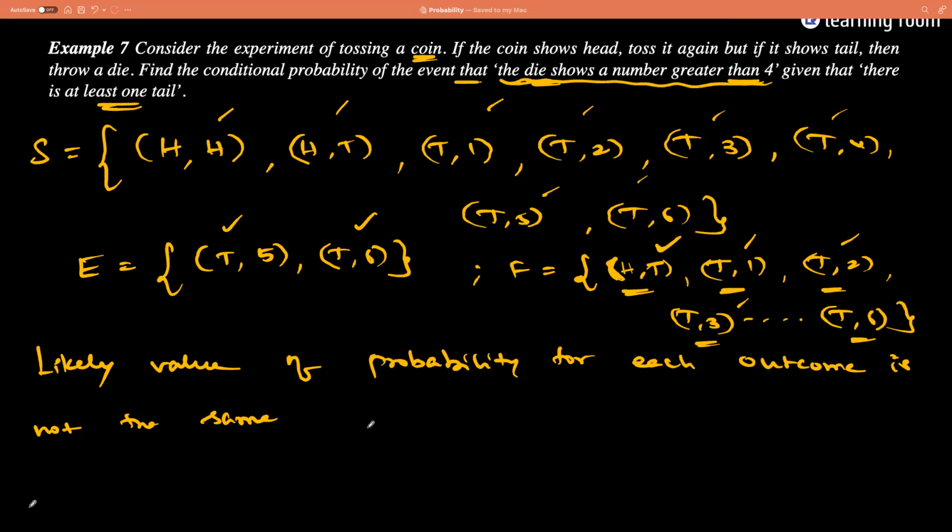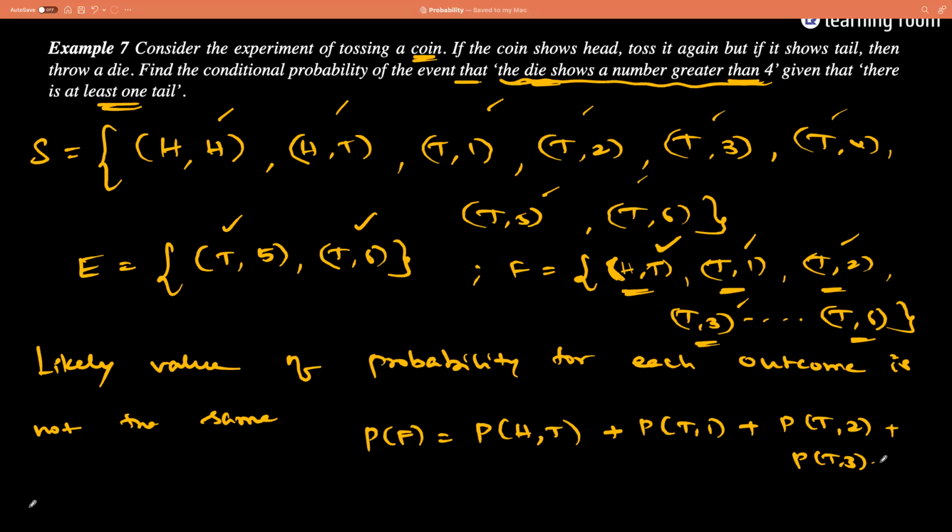So this is divided as, so probability of F will be probability of getting head comma tail, or probability of getting tail comma 1, or probability of getting tail comma 2, or T3, so on till probability of T6.